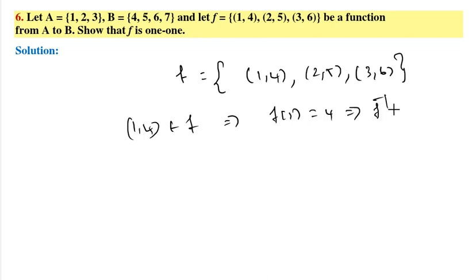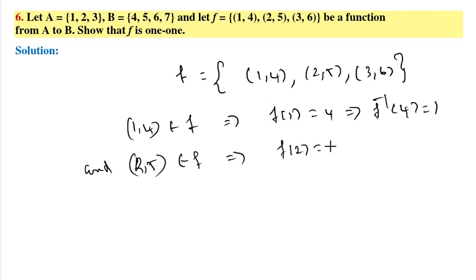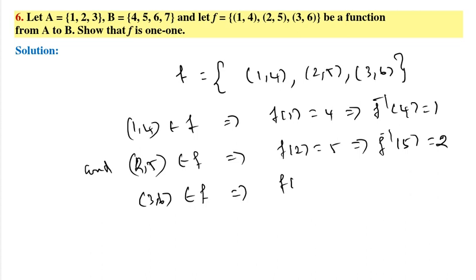This implies f inverse of 4 equal to 1, and (2, 5) belongs to f, this implies f of 2 equal to 5, this implies f inverse of 5 equal to 2, as well as (3, 6) belongs to f, this implies f of 3 is equal to 6, this implies f inverse of 6 is equal to 3.